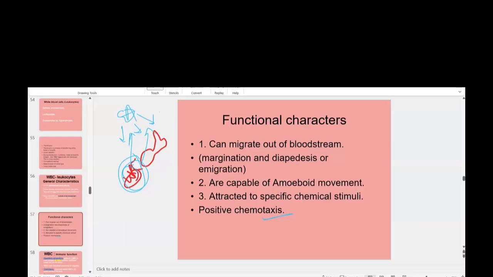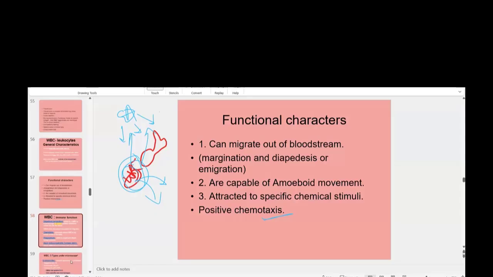The WBC itself also produces a lot of chemicals that attract more WBCs to come to the direction where you need action. So when an antigen or a foreign pathogen or a germ enters the body, the WBC not only responds by going in that direction, it also involves its community of other WBCs. It tells the others, we all need to group together and march there and attack the pathogen. That's why it has positive chemotaxis, a positive movement towards the chemical stimuli.